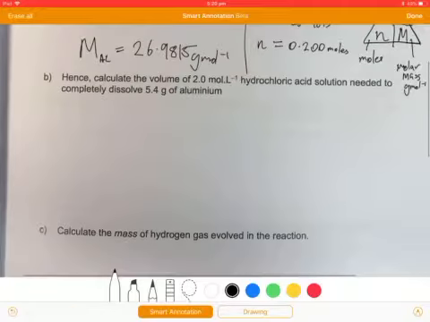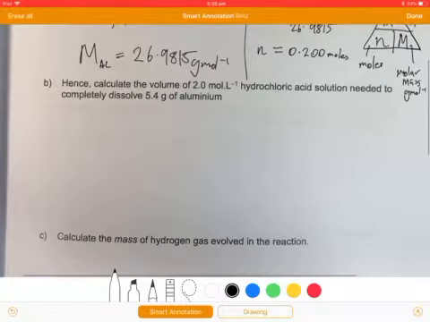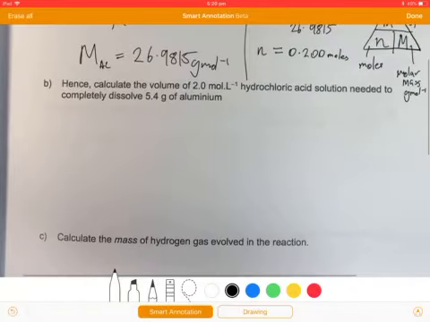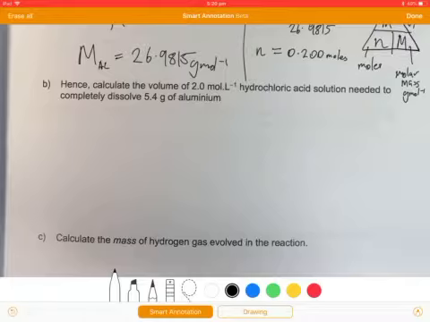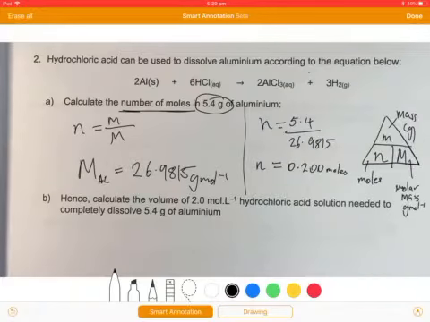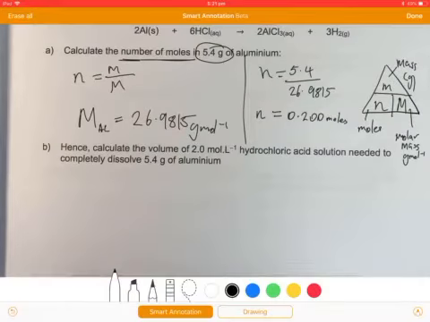So hence, calculate the volume of 2 mole per litre concentration hydrochloric acid solution needed to completely dissolve 5.4 grams of aluminium. We need to work out the moles of hydrochloric acid required to then work out the volume.